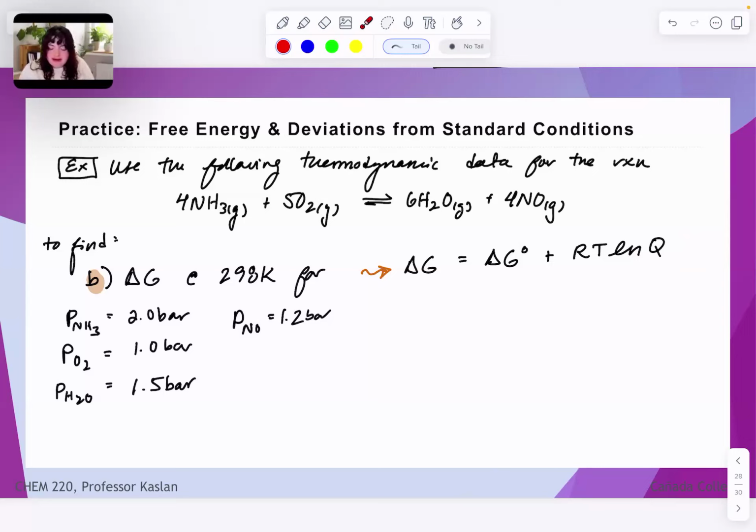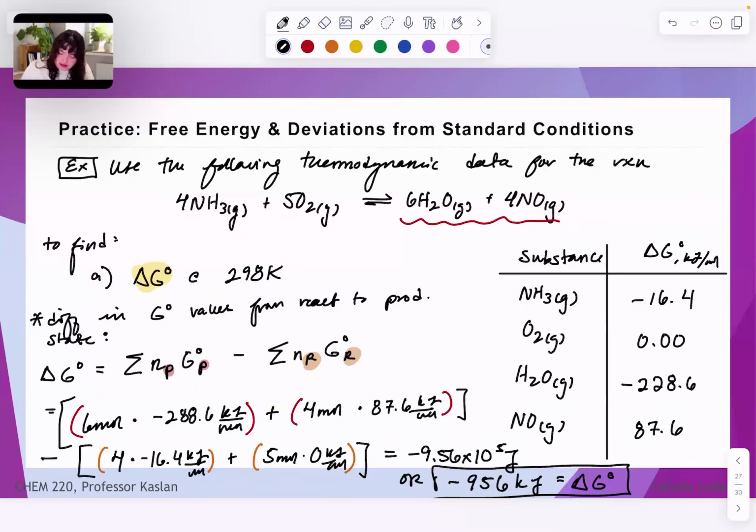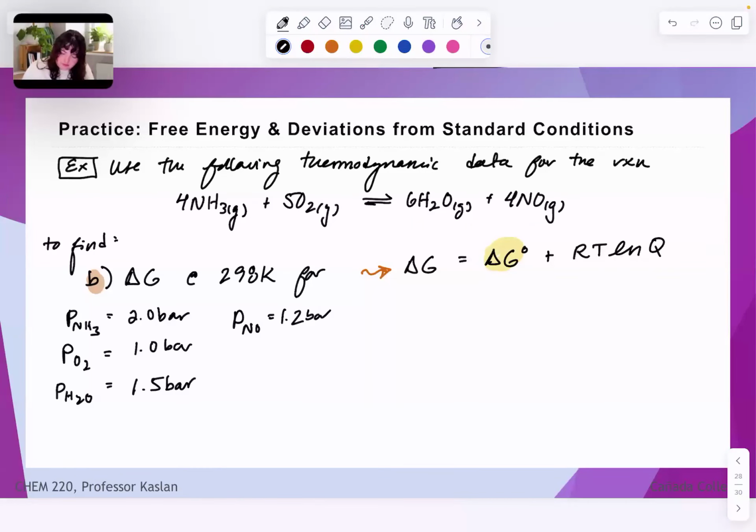Now here we were not given an equilibrium constant, so we couldn't just compare that to a calculated Q and then predict the spontaneity of this reaction, we actually do have to calculate this and see if anything has changed. So first of all, this is what we calculated from earlier, let's keep it in joules, negative 9.56 times 10 to the 5 joules.